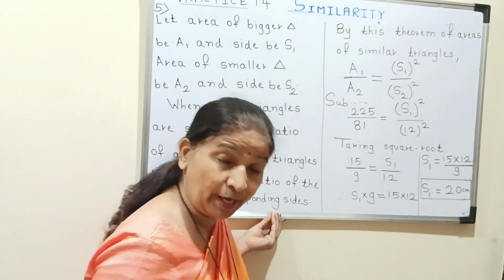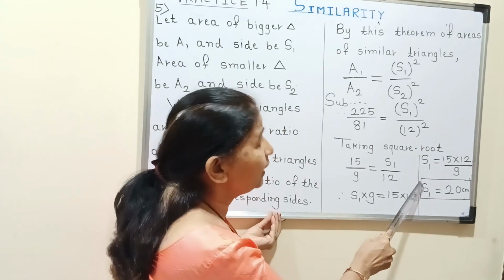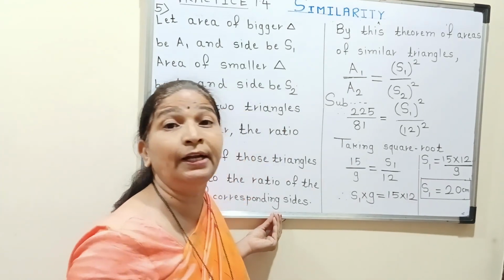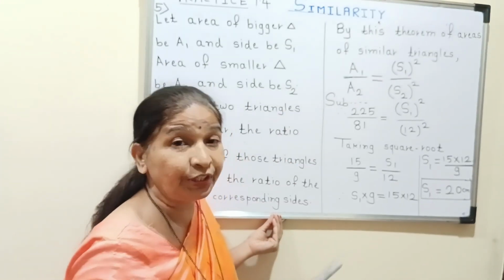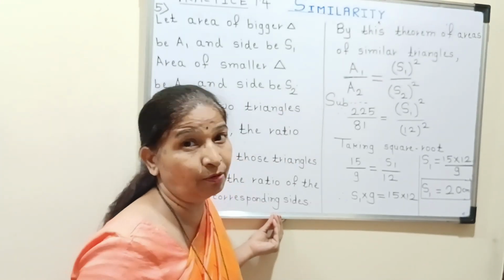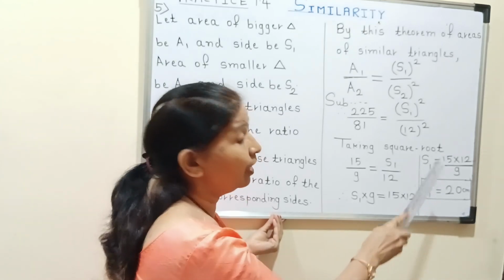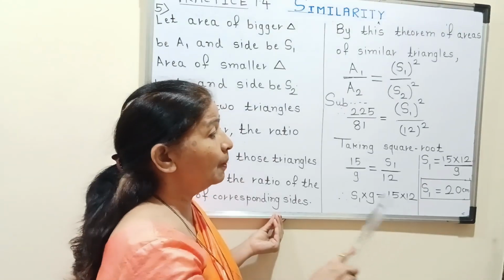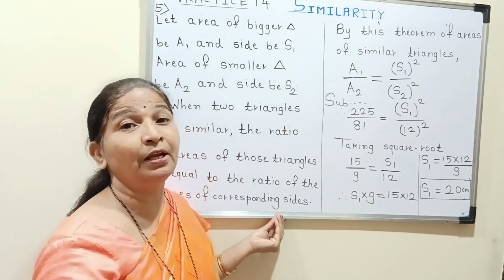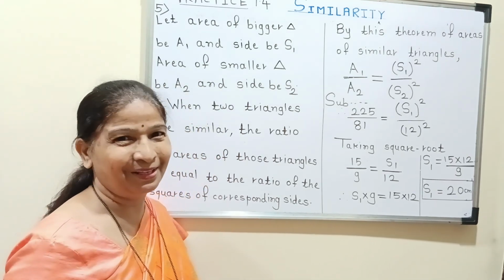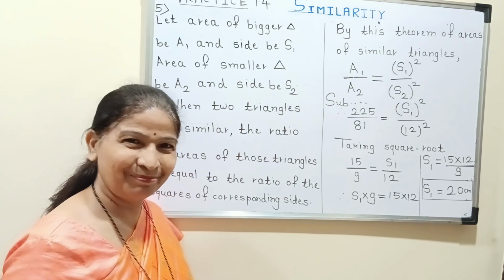So S1, meaning the side of the bigger triangle, came as 20 centimeter. Without fail I will write it in words that the side of the bigger triangle is 20 centimeter, and I will make a box around it. Okay, got the point? Thank you.